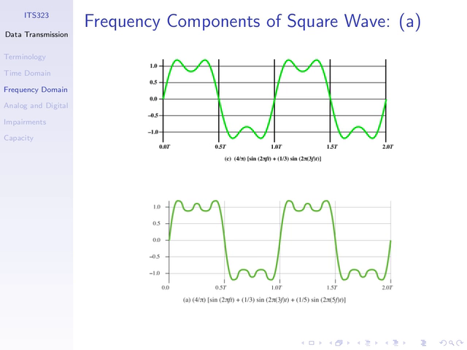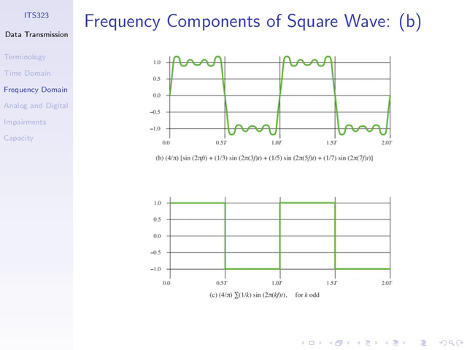Going back, with just one component, it's just the sine wave. With two components, we get some different shape at the top. With three components, it becomes a little bit straighter here. Four components, more so. An infinite number of components, it becomes a perfect square wave.